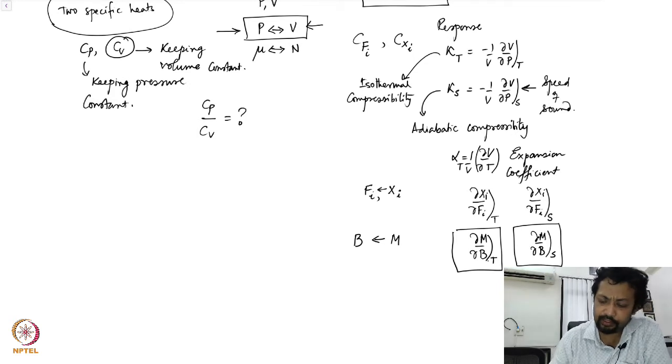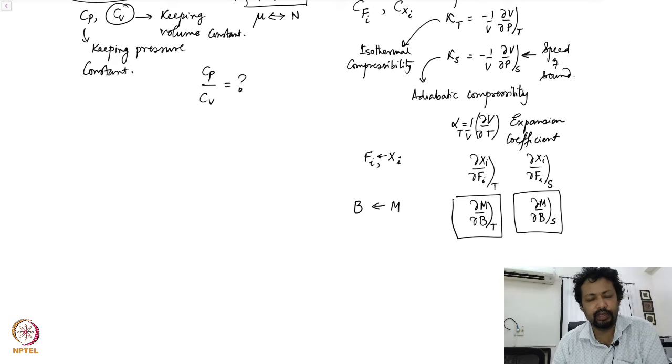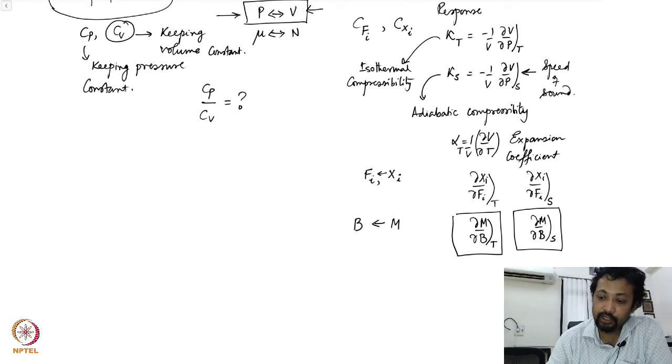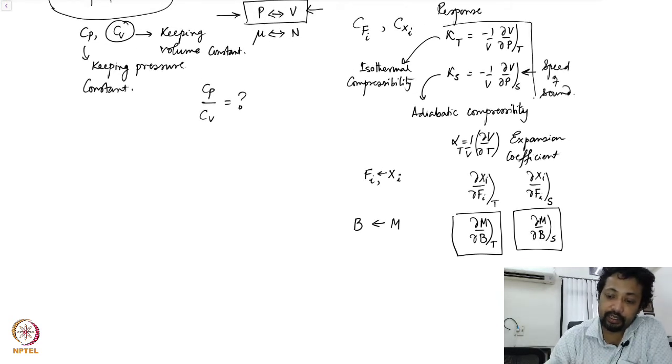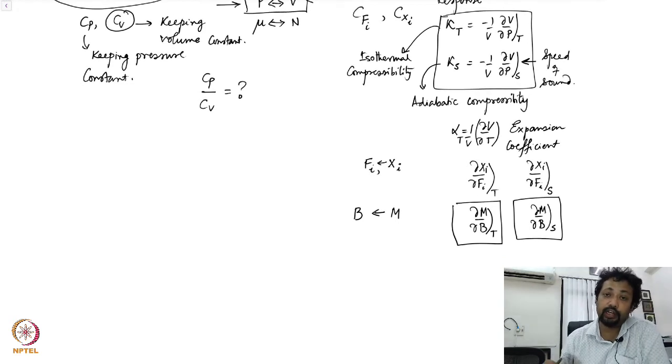Typically in experiments, it's always the isothermal susceptibility which essentially plays a role, right? So for a hydrostatic system, these are essentially susceptibilities. How does your generalized coordinate behave if you change your generalized force?